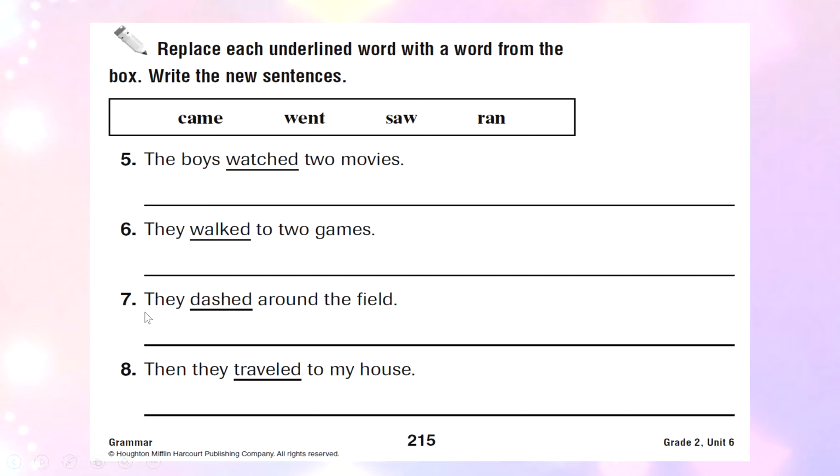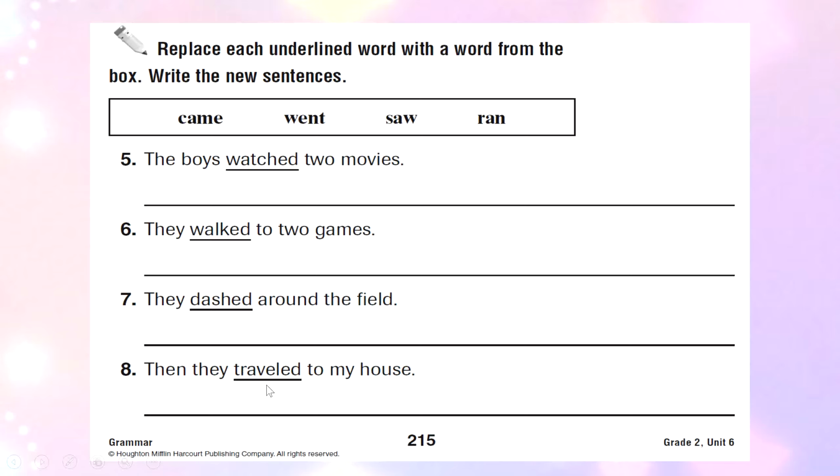7. They dashed around the field. To dash means to run very fast. So which irregular verb replaces dashed? Is it came, went, saw, or ran? 8.